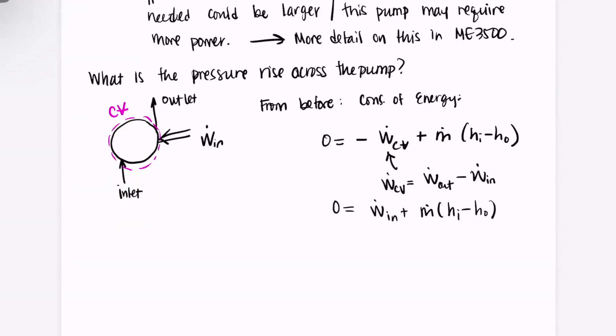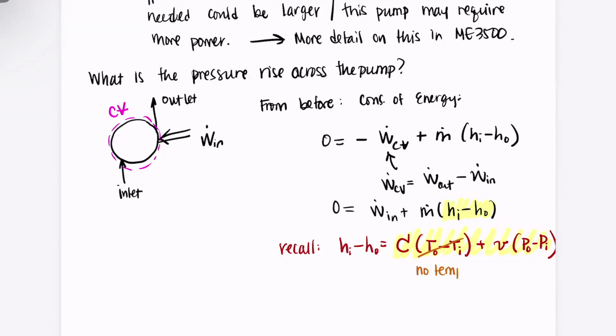To find the pressure drop, we are going to recall that h_i minus h_o is equal to the specific heat times the temperature difference plus the specific volume times the pressure difference. I'm going to substitute this into my conservation of energy equation. But before I do that, if you remember, the temperature coming in and out of the pump we're assuming is the same, so this goes away.